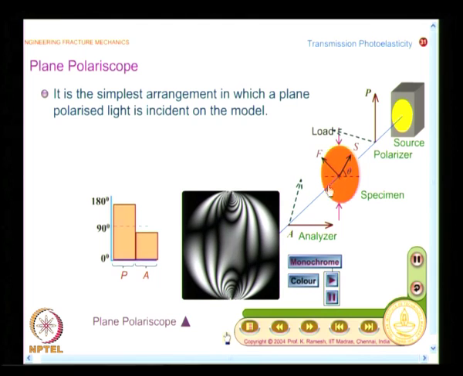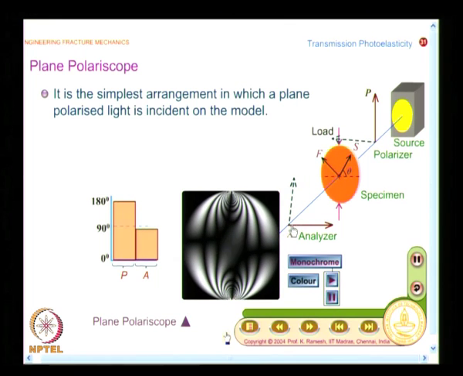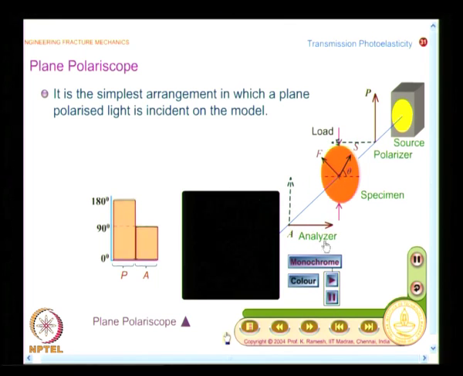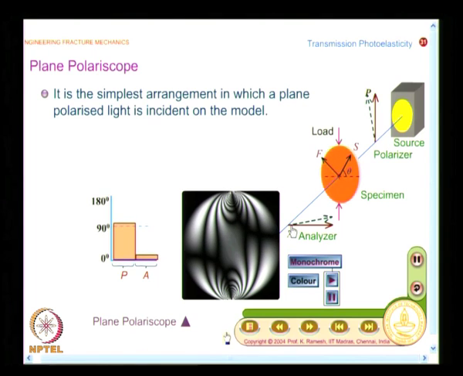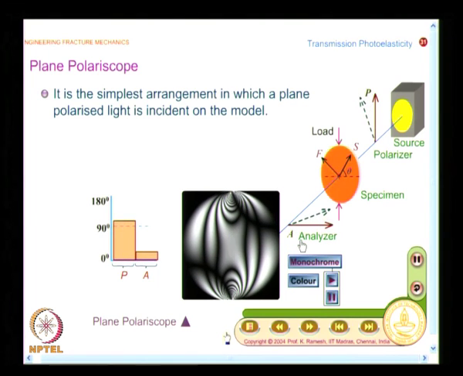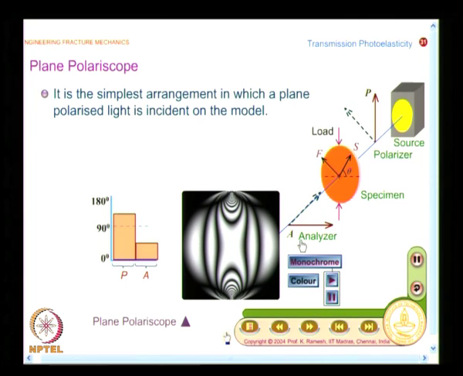Then whatever light comes out, you analyze it using the analyzer, and we found the light transmitted by the analyzer, which was a function of delta as well as theta. In this case you had only simple optical elements, a polarizer, model and an analyzer, so trigonometric resolution was sufficient and convenient.